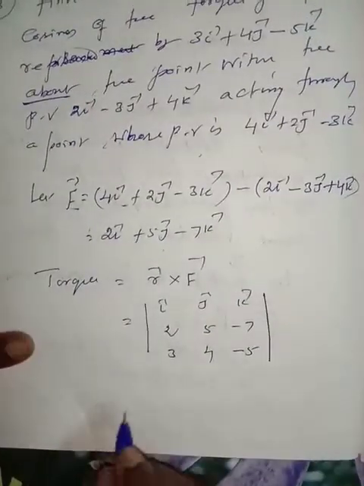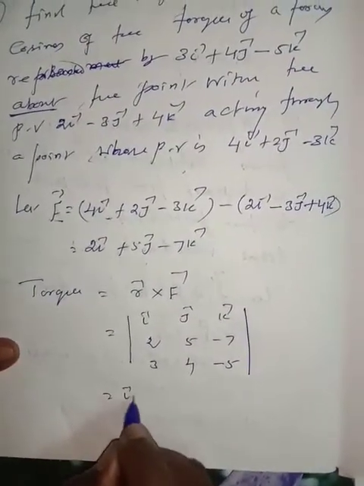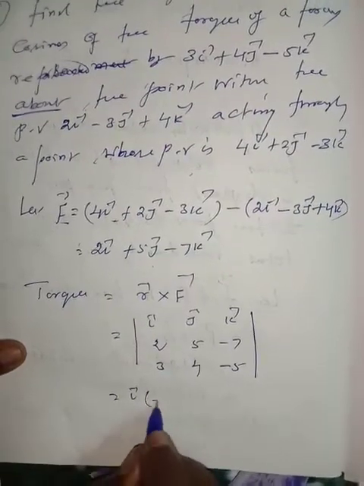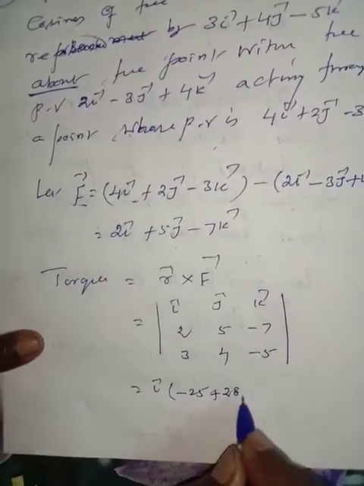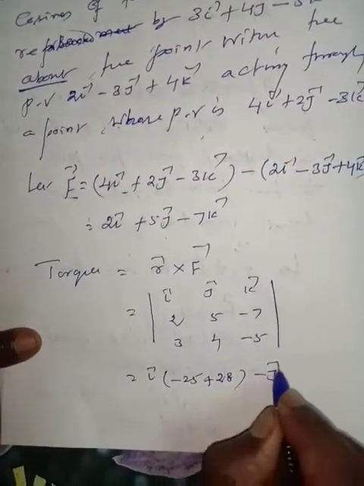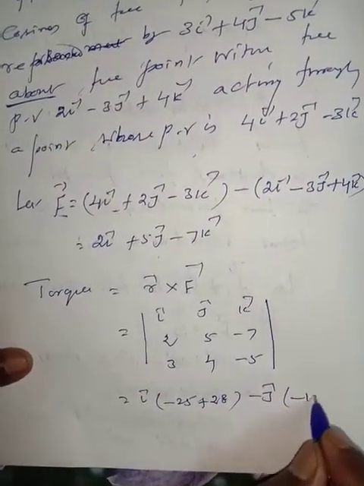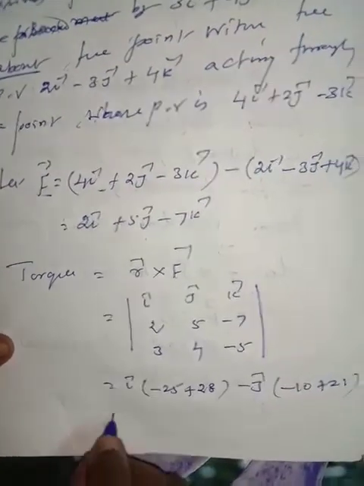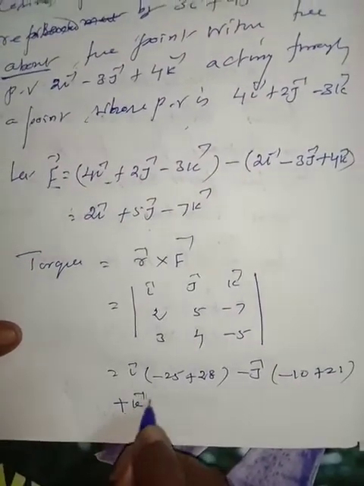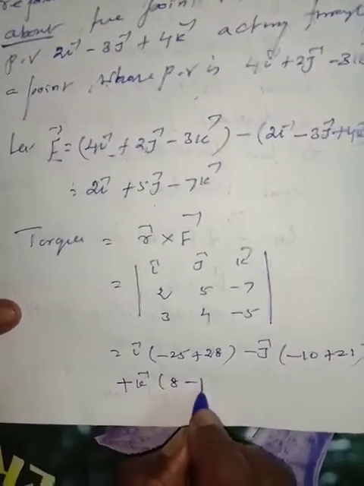Expanding this, we get i into minus 25 plus 28, minus j vector into minus 10 plus 21, plus k vector into 8 minus 15.